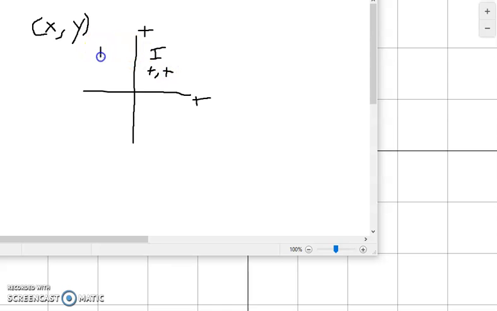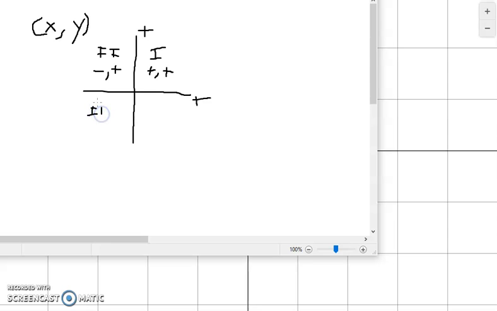Then over here is quadrant 2. In quadrant 2, you are up on the y-axis and you are to the left on the x-axis, so that means it's negative and positive. Down over here is quadrant 3.